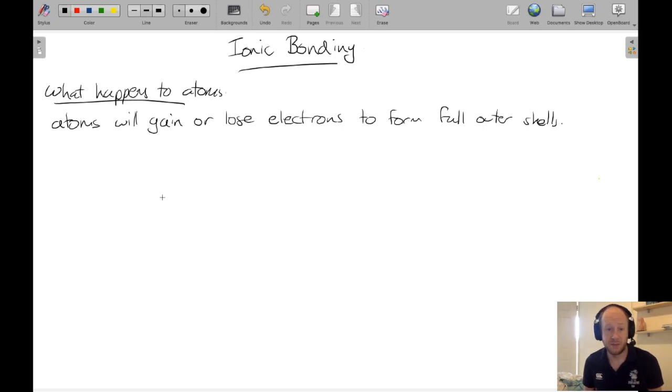Now we see this if we have something like sodium fluoride. Sodium is element number 11. You can check that on your periodic table, which means there are 11 electrons in it because the number 11 is its atomic number.